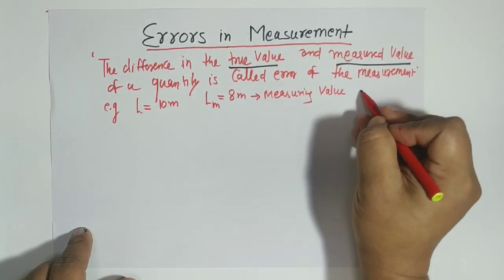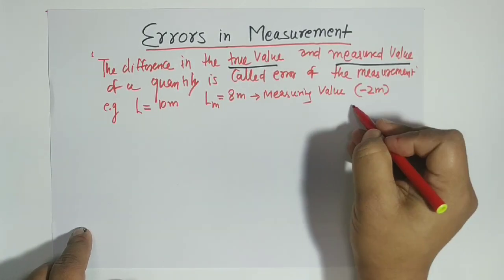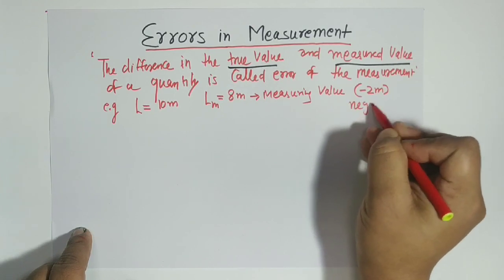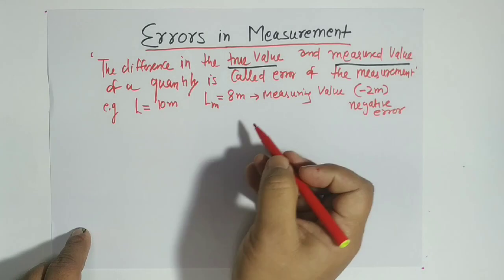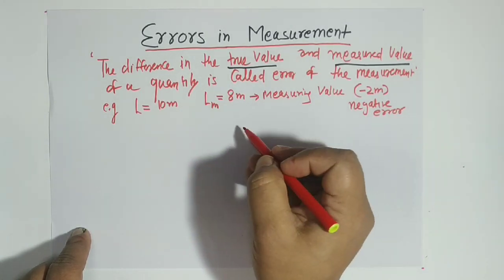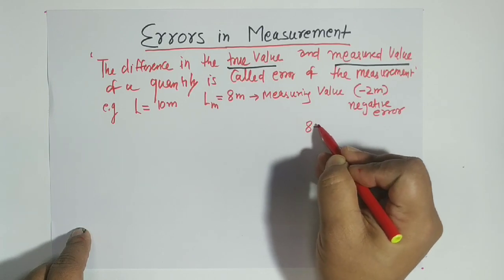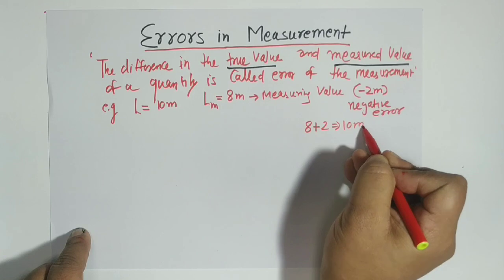So there is a -2 meter error. This is a negative error. And if I ask you to correct your values, for the true value you have to add 2 and then you will get 10 meters.